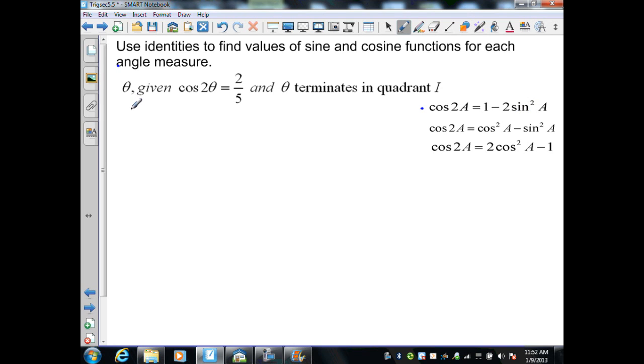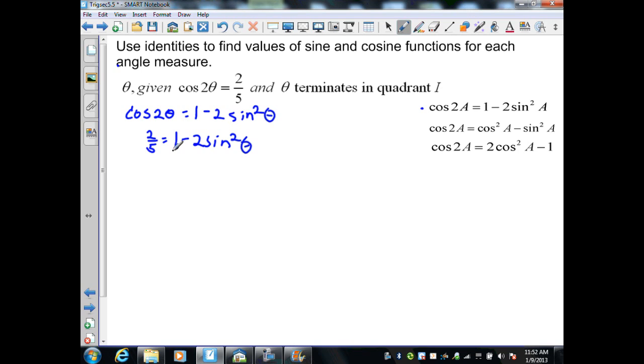So I'm going to use cosine 2 theta equals 1 minus 2 sine squared theta, and then substitute my known value. Here cosine 2 theta is 2/5. I just substitute in. That's 2/5 equals 1 minus 2 sine squared theta. Let's subtract 1 on both sides.